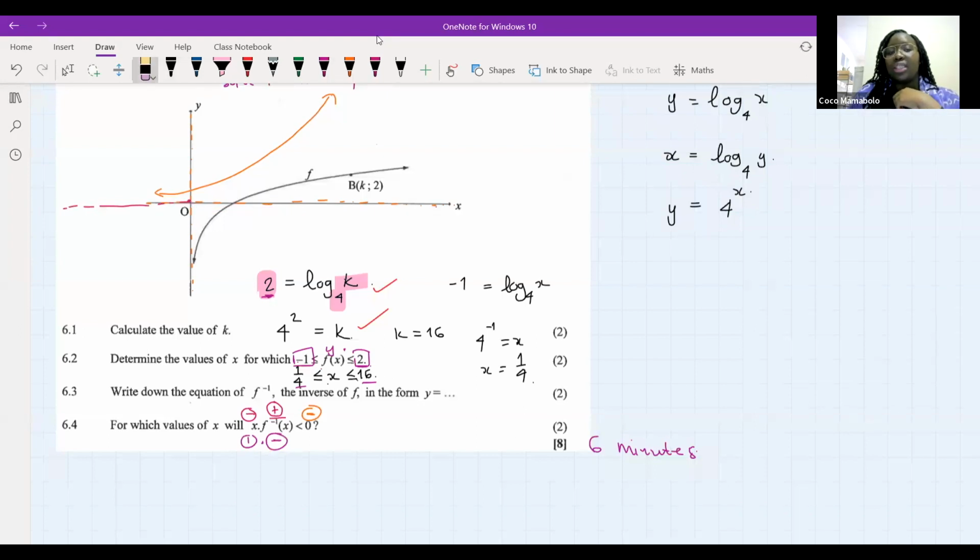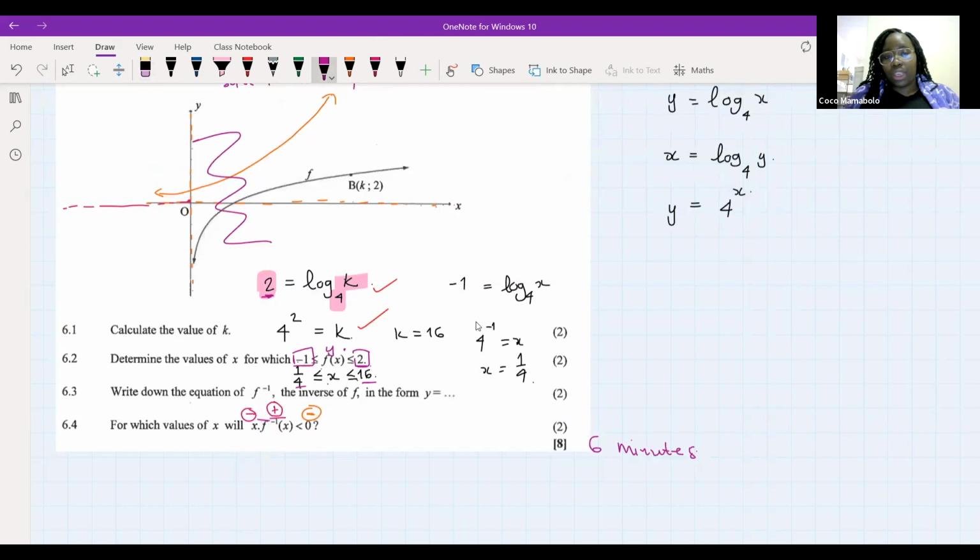Okay, so I need to see where they are together and what values they're possibly going to give us, right? Now, let's look at the positive one. If we look at x, where x has positive values, if we look at this side over here, my x has all positive values, but my inverse graph also has all positive values. So the product of those two is going to give me positive answers. So this part of my graph is out. We're not going to include this side of my graph.